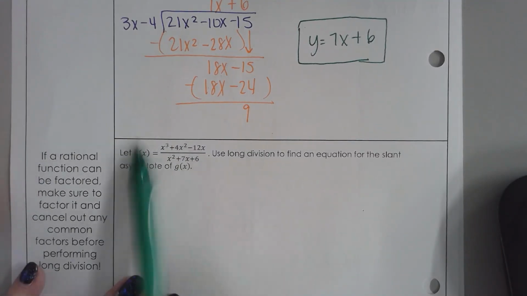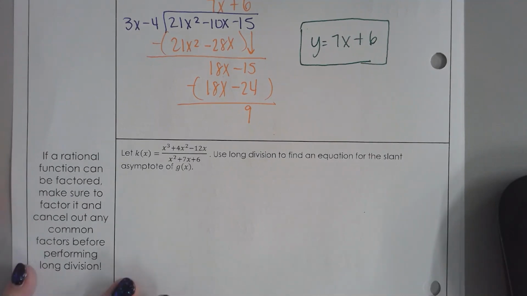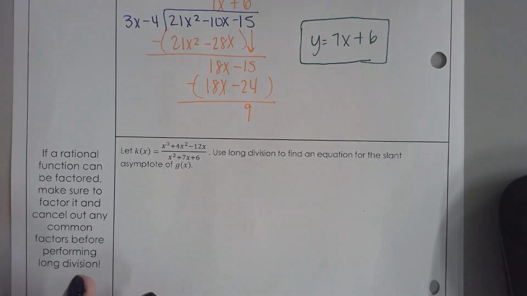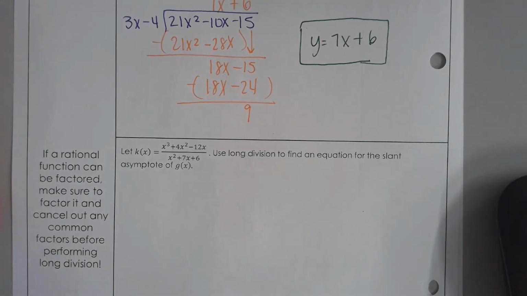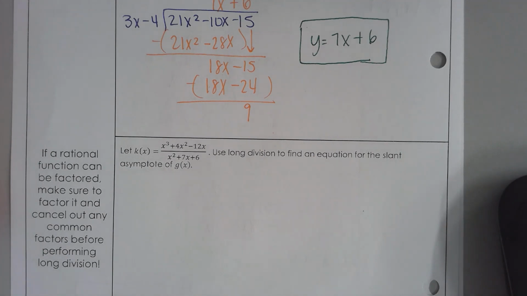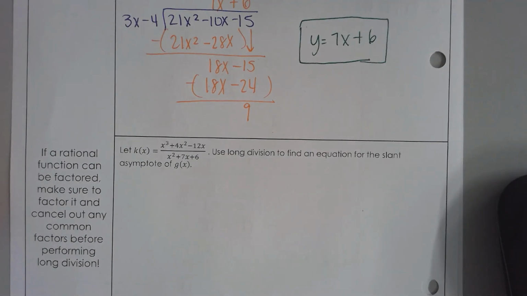If you factor that and cancel it out, you can do the long division with the original problem, or with the factored problem. Either one would give you the same equation for a slant asymptote, but your remainder would be different. For the slant asymptote, your remainder doesn't matter.